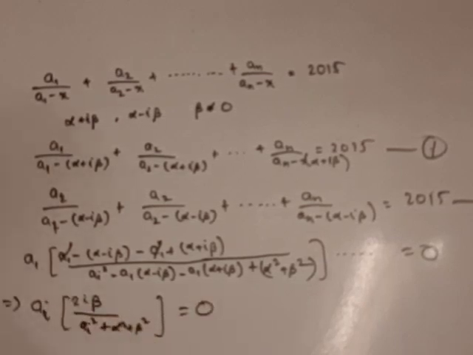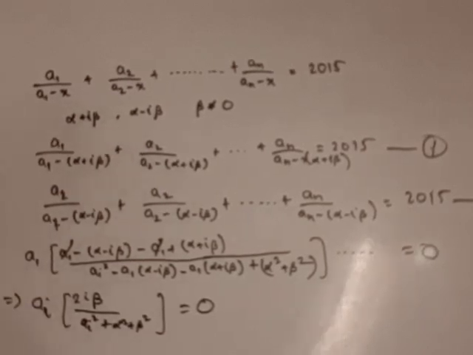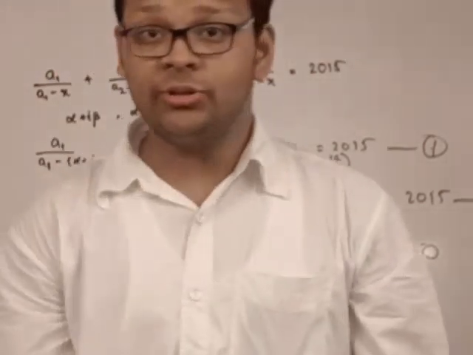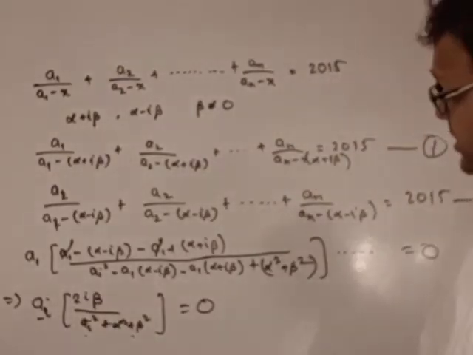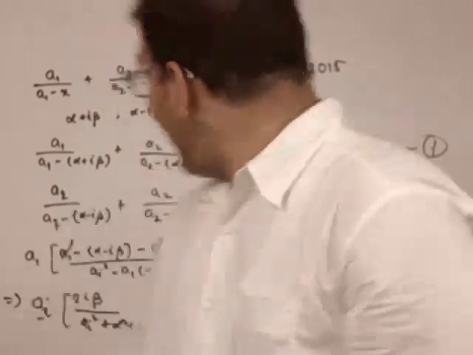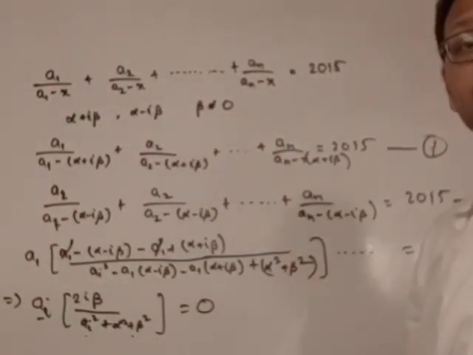So I am replacing it by general i. Now just observe that this term is positive, and this term is positive, since the a_i are given positive in the question. But the product is 0. Then which term must be 0? Beta is the only thing which must be 0. But we have assumed that beta is not equal to 0 in the beginning.